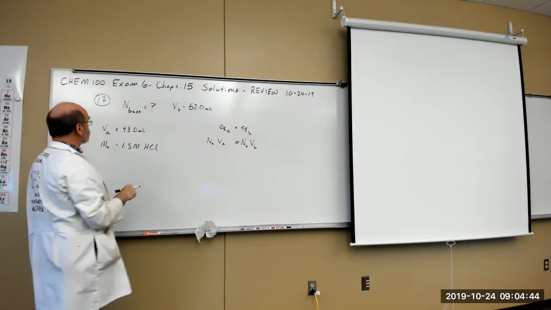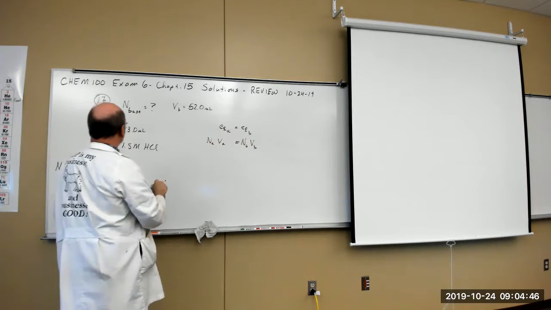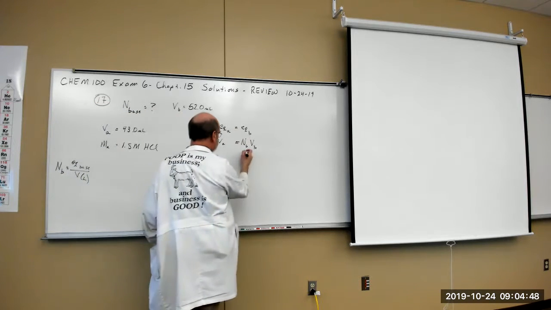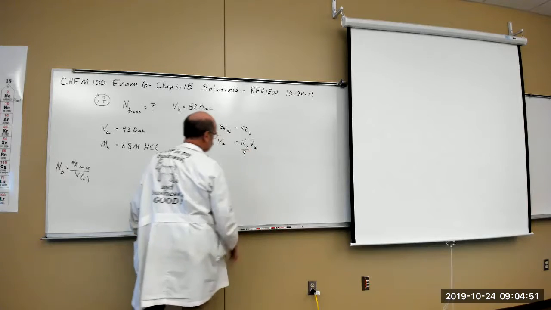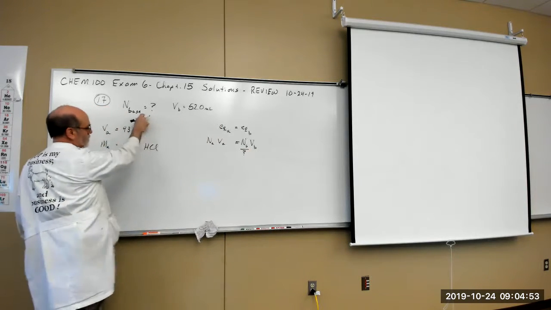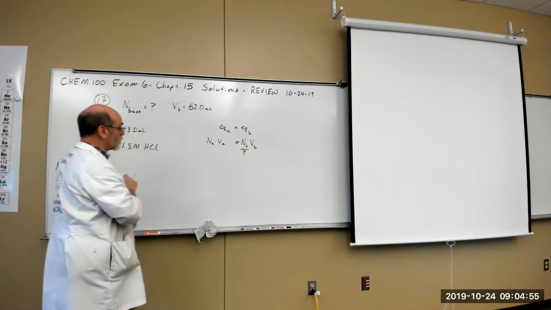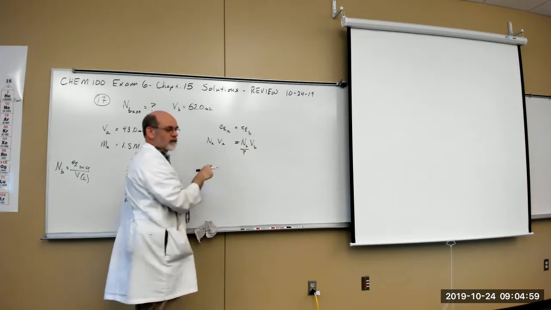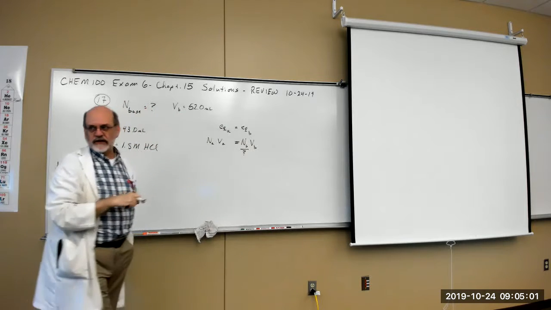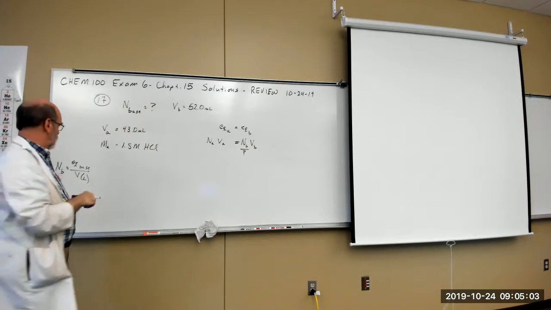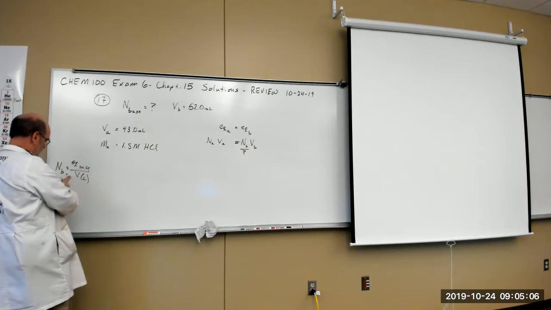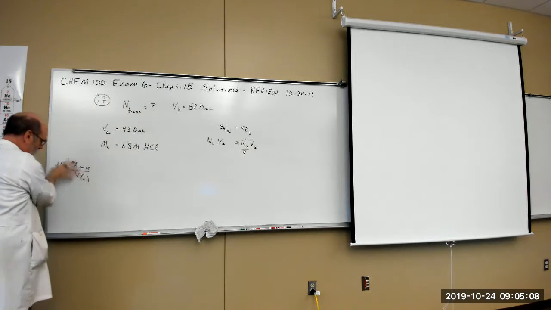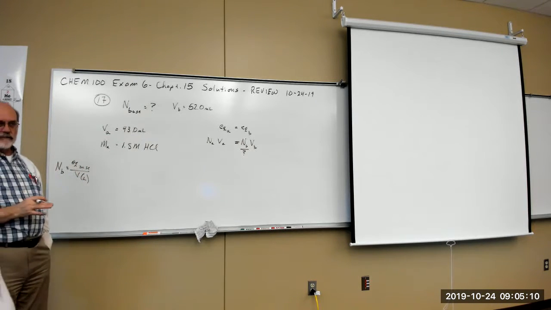So now let's see what we're given. Normality of the base. Okay, so this one's going to be the question. The volume of the base, and notice also that this is a ratio, right? So we don't have to change to liters. If we were going to calculate this standalone, volume would have to be in liters.